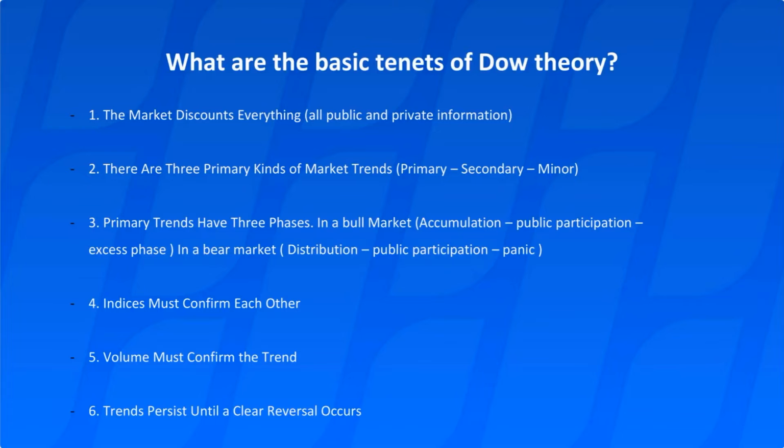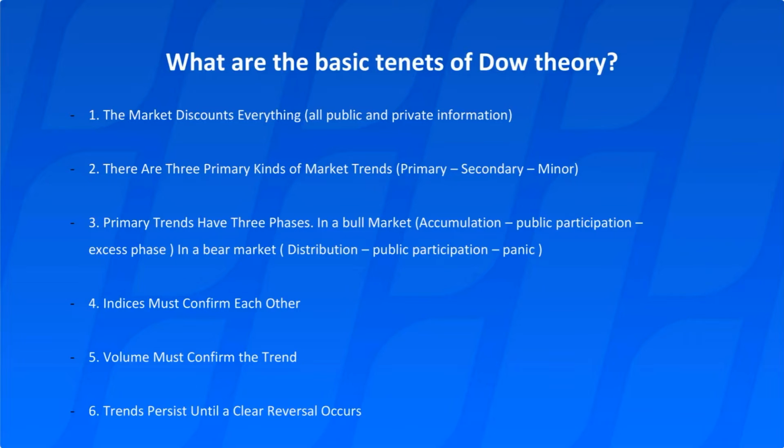After he passed away in 1902, his friends Robert Rhea and William Hamilton concluded those editorials and thoughts and gave a brief summary of what he wrote, and they gave us this Dow theory that he never named after himself. They did it for him. So the basic tenets of Dow theory are 6.